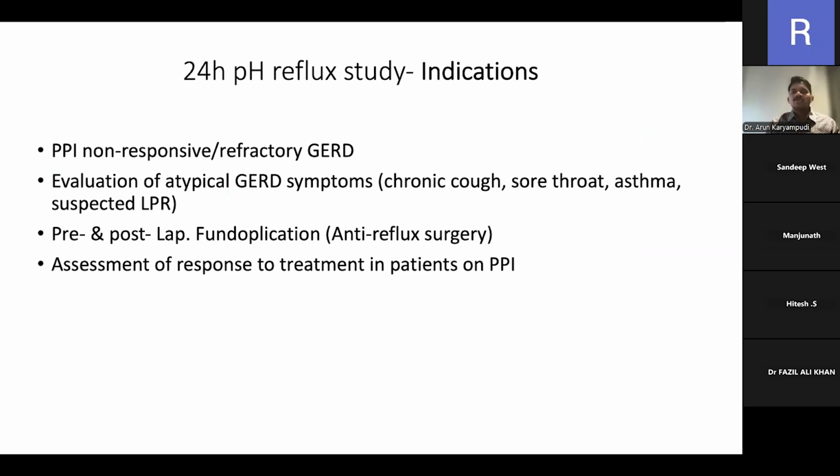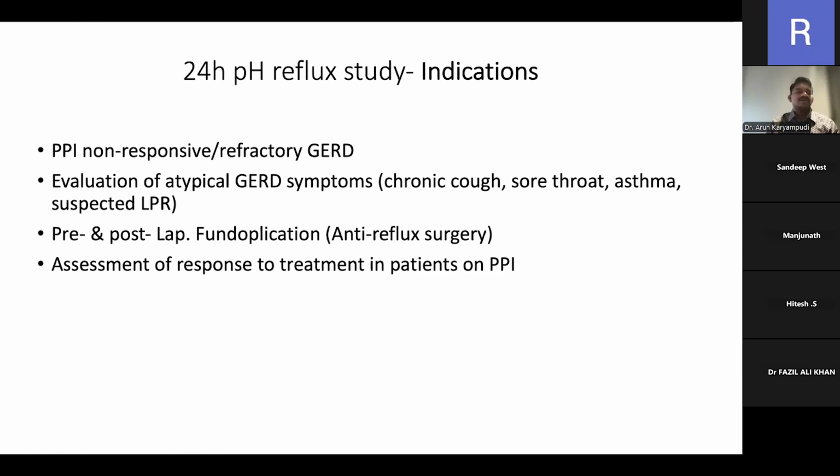So what are the indications of a 24 hours pH reflux study? So the number one indication, the most common indication, is PPI non-responsive GERD, or in cases of refractory GERD. Number two, in evaluation of atypical GERD symptoms, again, it's very important.